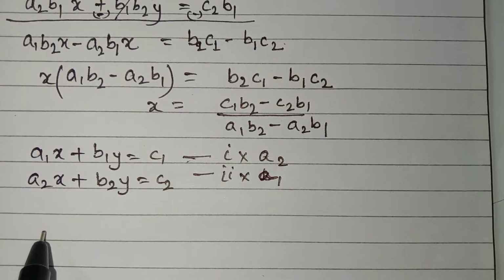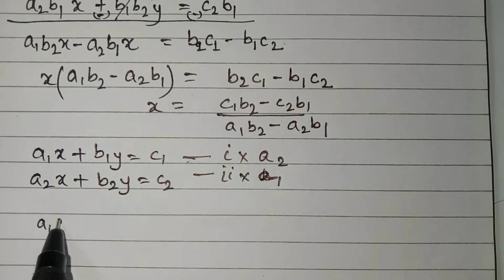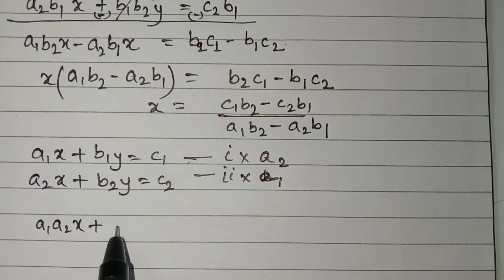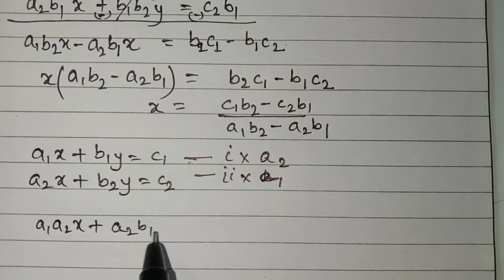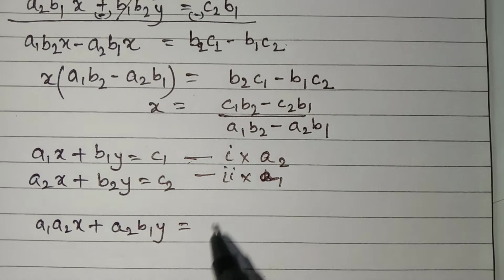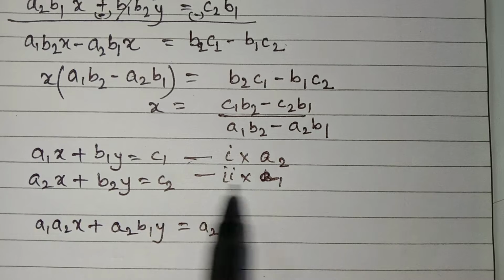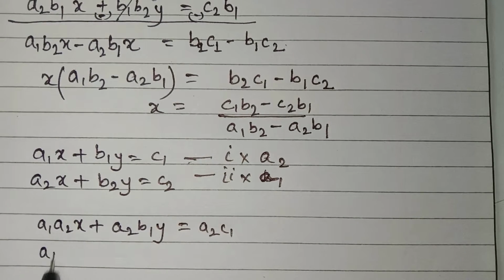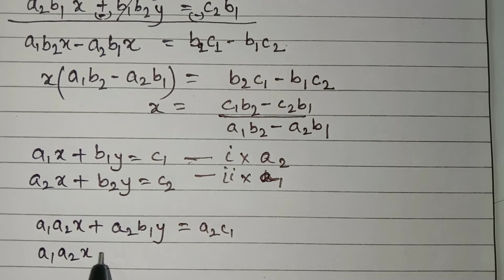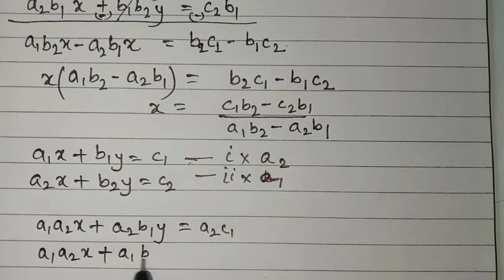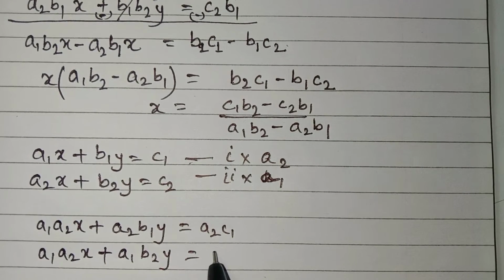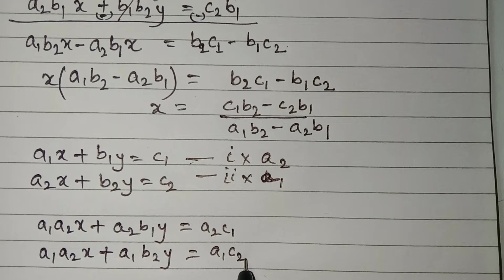So I get a1a2x plus a2b1y equal to a2c1, and here I get a1a2x plus a1b2y equal to a1c2.